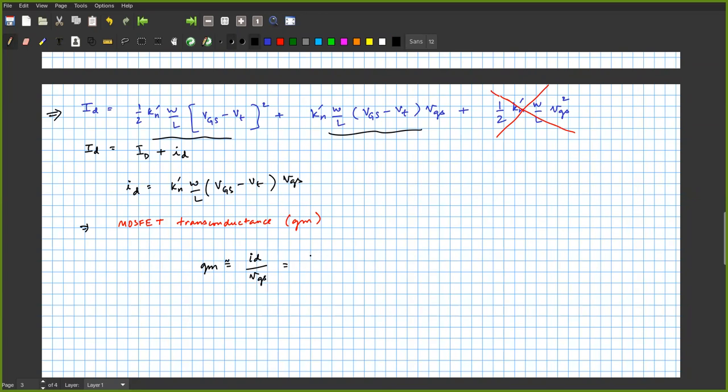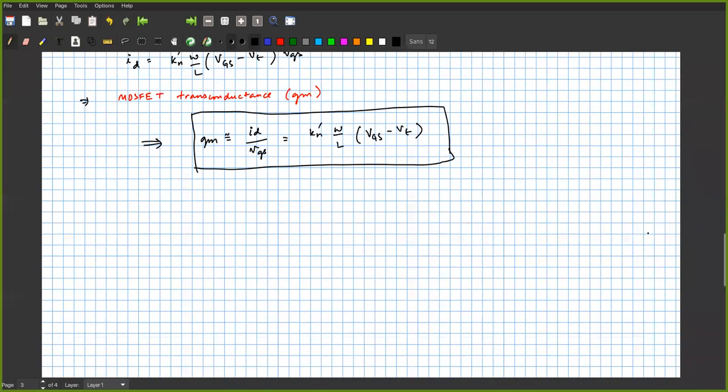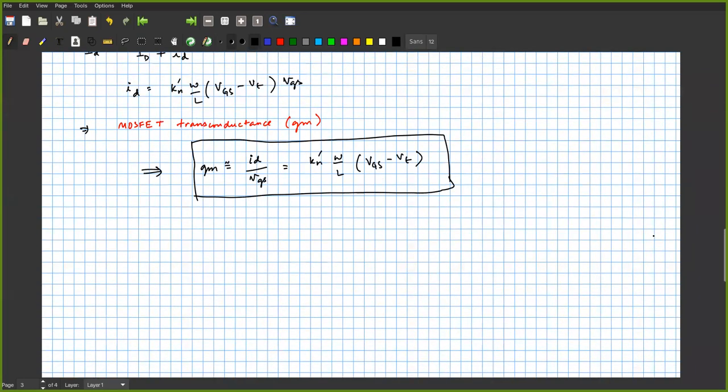This is actually Kn prime W by L into VGS minus VT. Okay, this is important. So this is the mathematical way of actually determining GM.